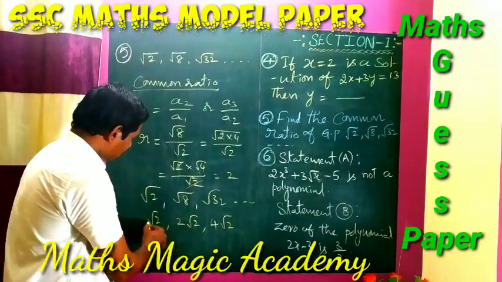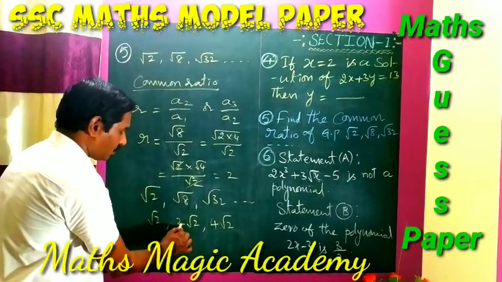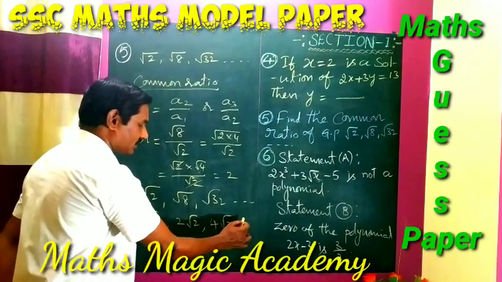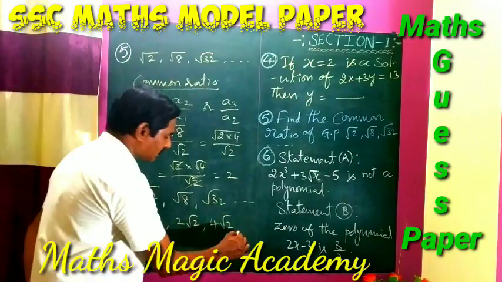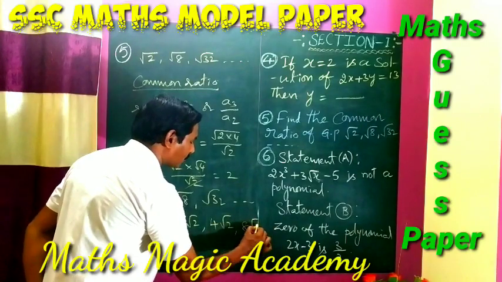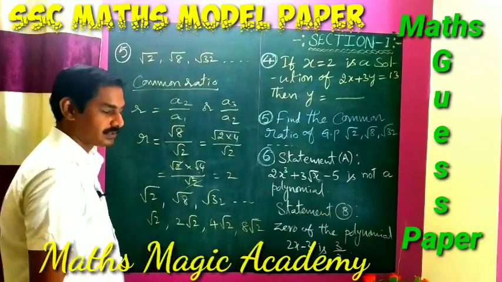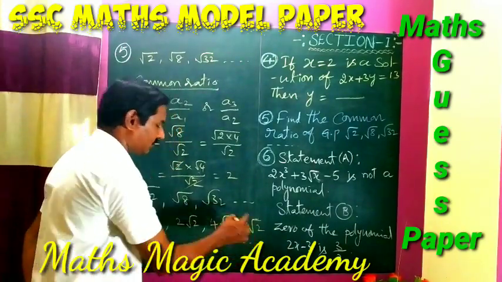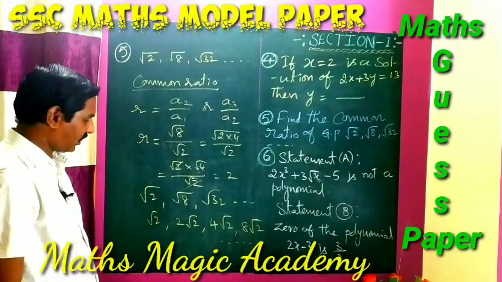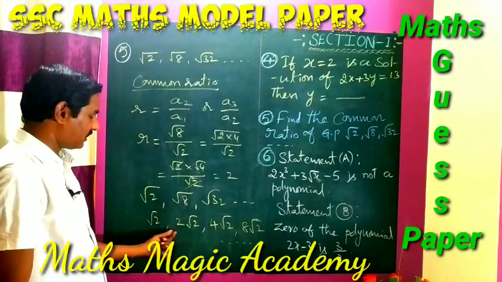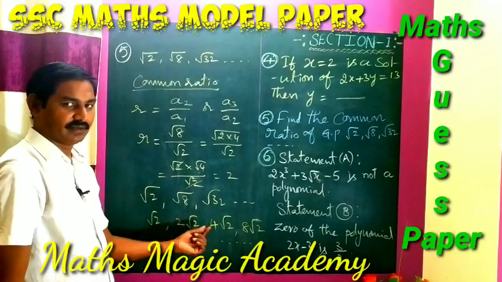So here what is coming? 1 into 2, 2. 2 2s are 4. 4 2s are 8. So the next term is 8 root 2. Like that, the terms will be defined. So what we can understand is which number is multiplying to get the next term? 2.